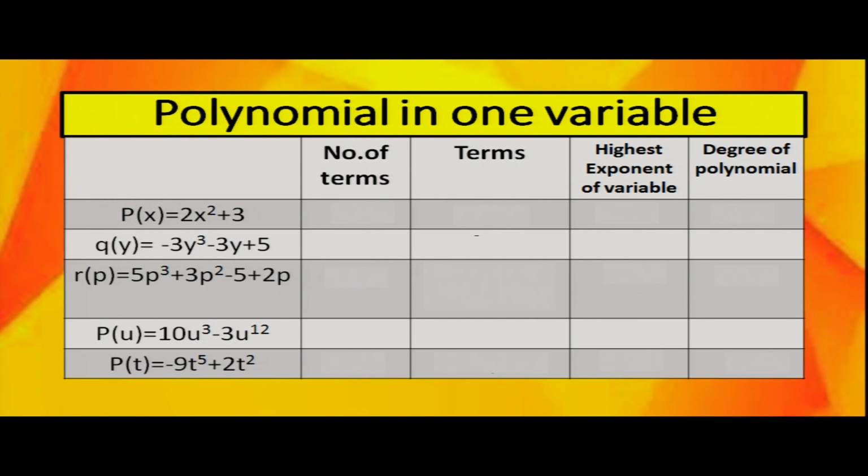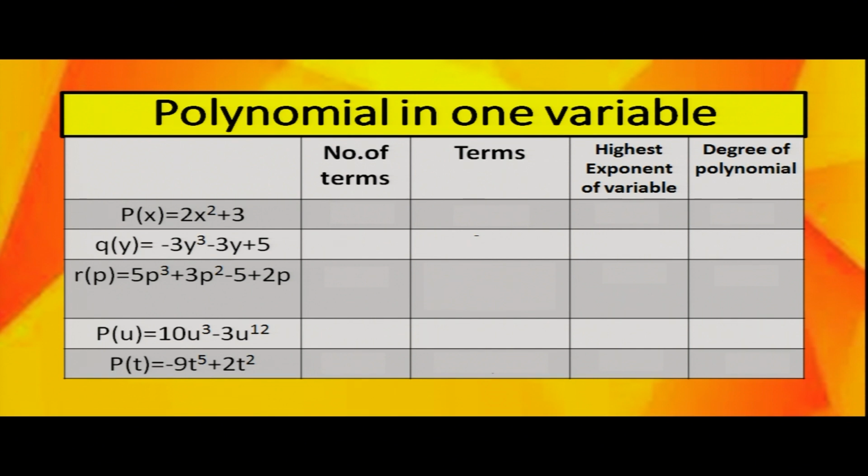Similarly, in the second one, the polynomial is minus 3y to the power 3 minus 3y plus 5. And what is the variable? The variable is y. So, the polynomial is denoted by q(y). It may also be denoted by p(y). Similarly, others are also given.